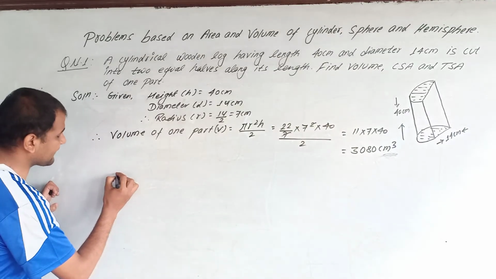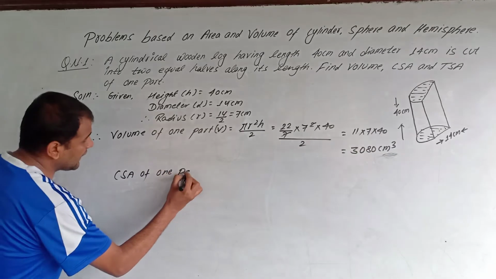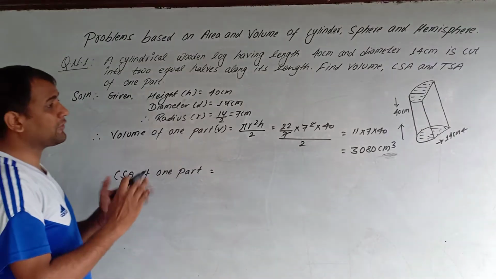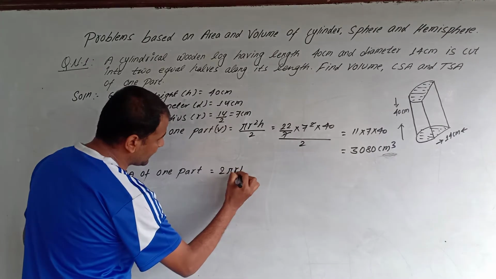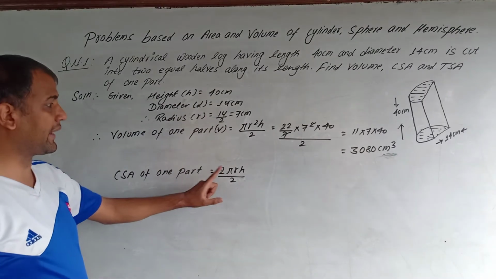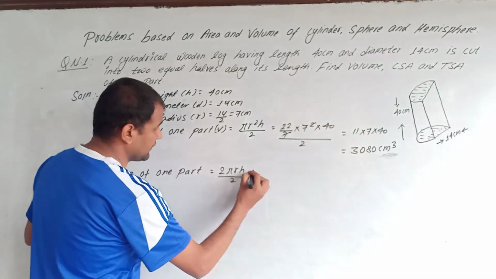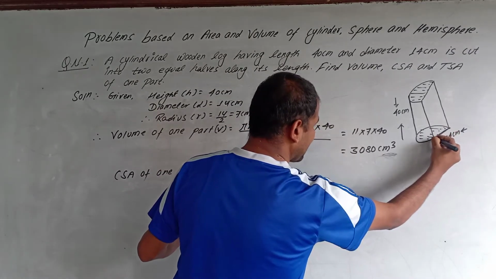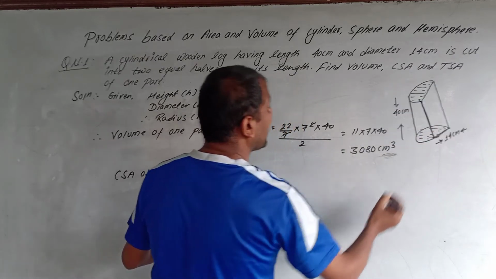Then CSA, curved surface area of one part, is equal to half of the CSA of cylinder, that is 2 pi r h by 2. CSA of cylinder is 2 pi r h, so half part is pi r h, plus there is one rectangle. This is the breadth of the rectangle, that is diameter, and this is the length of the rectangle, that is height.